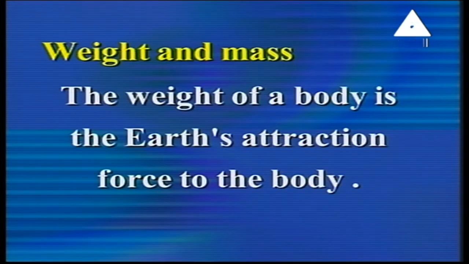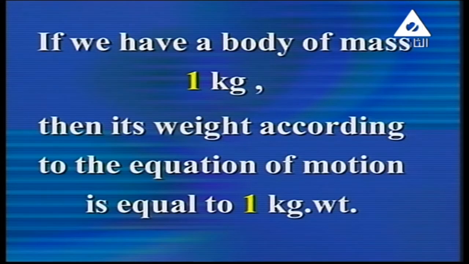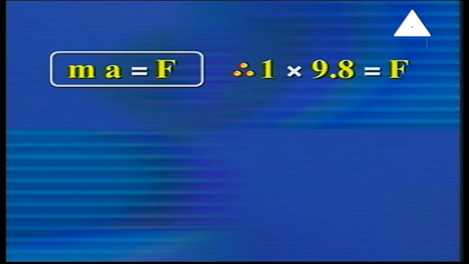Weight and mass. What is the difference between weight and mass? Dear student, is weight the mass, or is there a difference between weight and mass? The weight of the body is the Earth's attraction force on the body. If we have a body of mass 1 kilogram, then its weight, according to the equation of the motion, is equal to 1 kilogram weight. ma equals F. Then 1 times 9.8 equals F. What is 9.8?